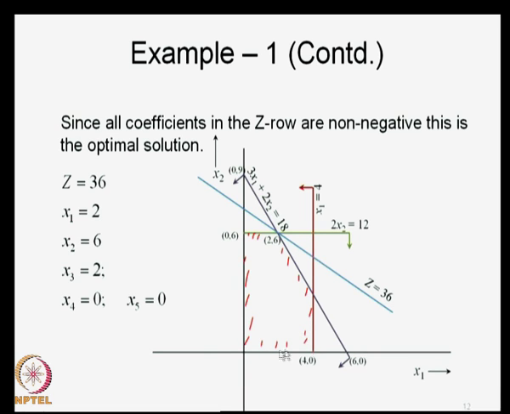So, from which point to which point you are moving will be decided in the simplex tableau, both by the entering variable as well as the departing variable. So, in iteration 1 we started with this solution, iteration 2 we went to this solution, and iteration 3 we went to this solution. Without computing the other 2 points, we decided that this is the optimal solution. The solution cannot be improved further.